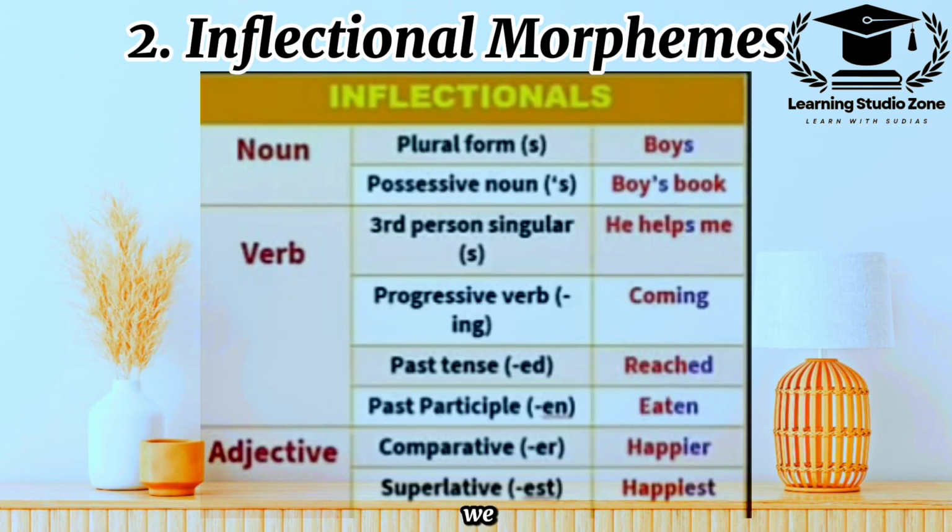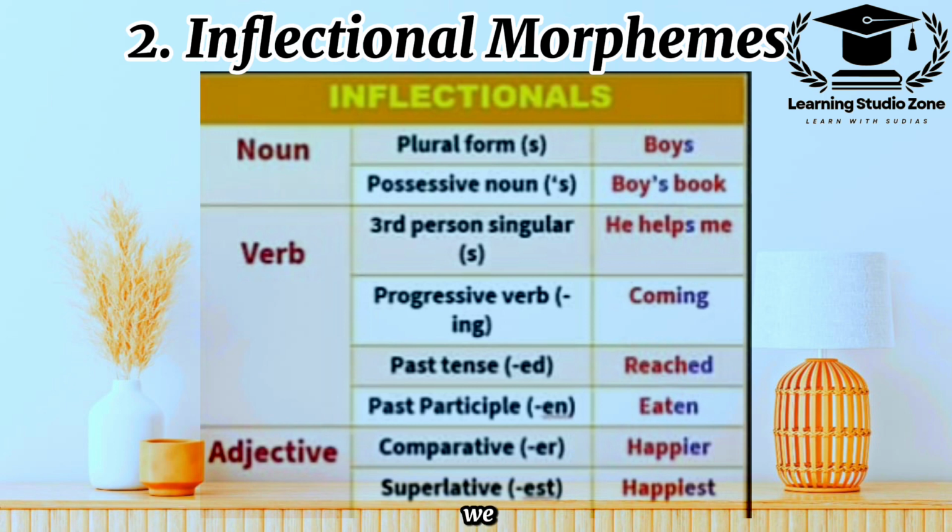So in English we have eight inflectional morphemes. In nouns we have the plural form s, like in the word boys, and we have the possessive s. In verbs we have four inflectional morphemes. Number one, third person singular s, and the progressive verb ing.